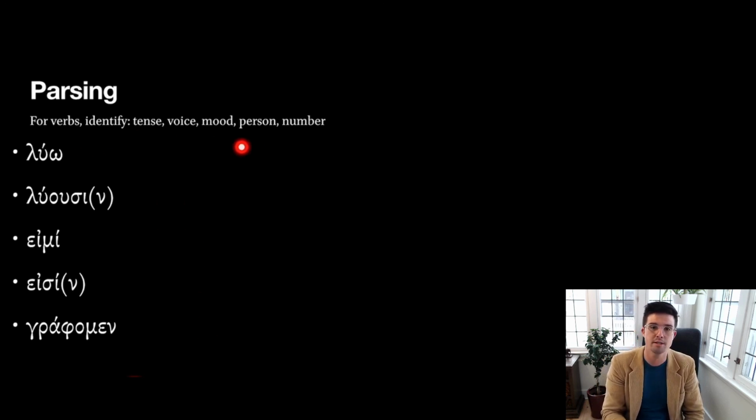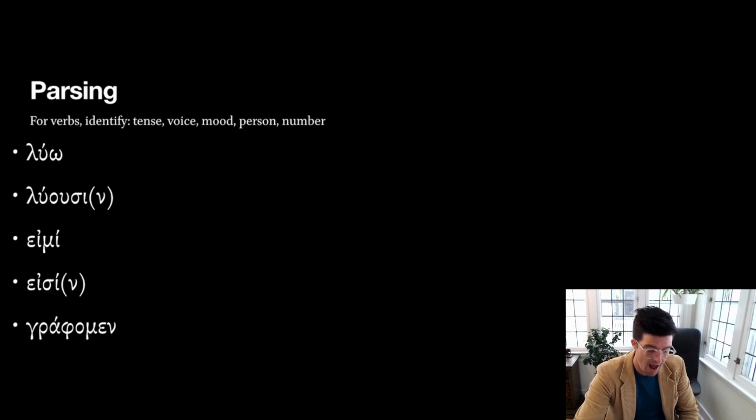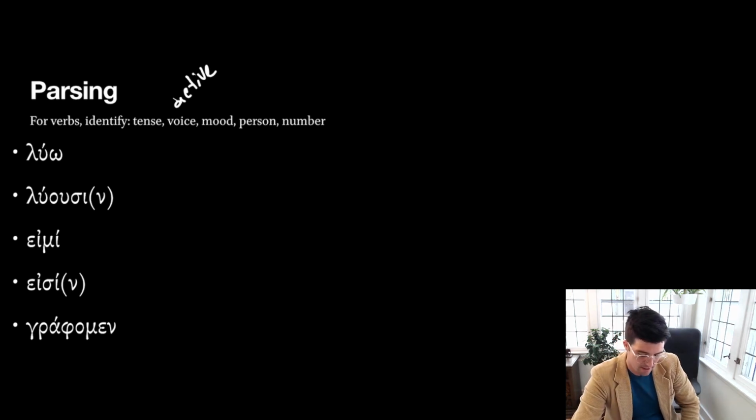When we parse a verb, these are the things we're looking for: tense, voice, mood, person, and number. I'm going to give you this hint before I set you loose to do this: remember that at this point in the semester, as far as voice goes, we are only in the active voice. For mood, we've only seen the indicative mood so far.